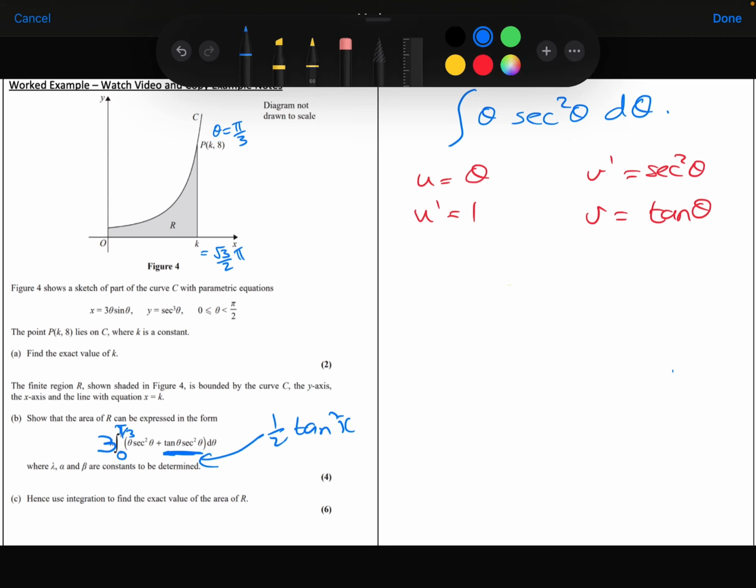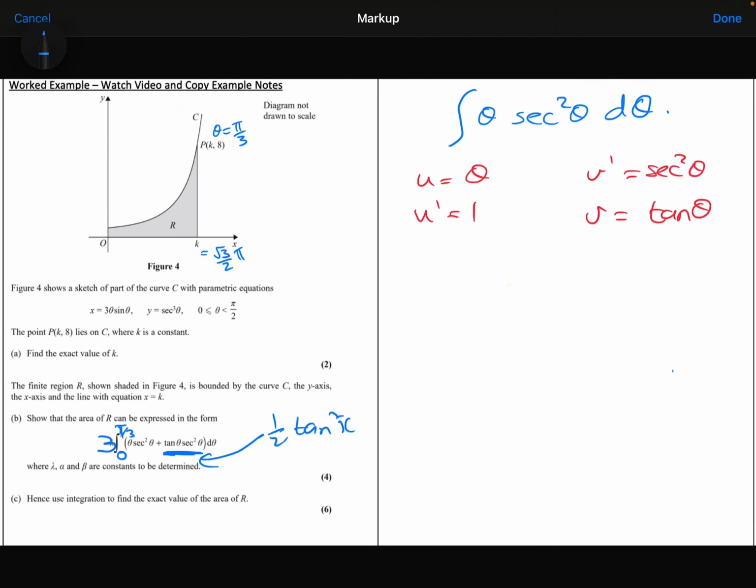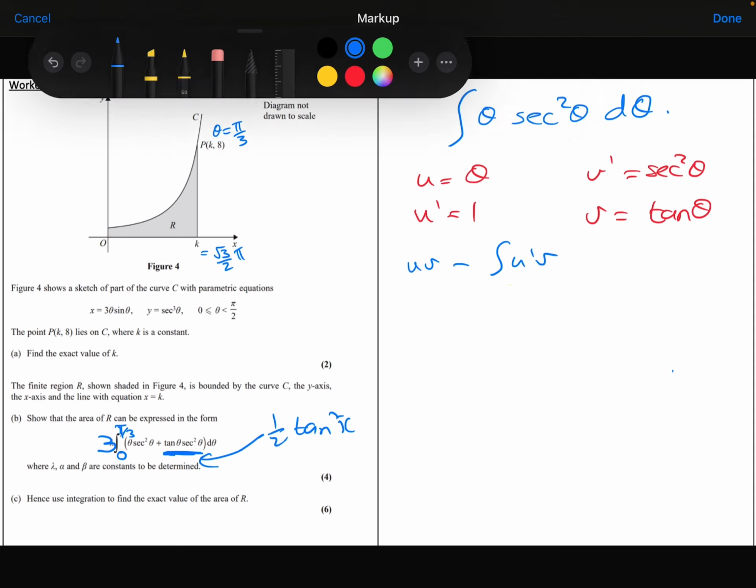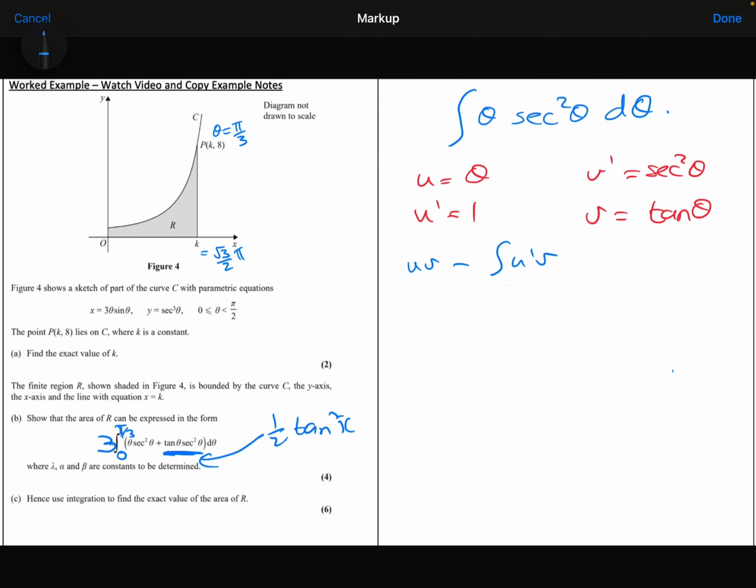So let's apply the integration by parts formula, which is u times v, I'll write it down, minus the integral of u dash times v. So u times v, so theta tan theta, minus u dash, which is 1 times tan. And we can see now that that is going to be a much easier integral to do.